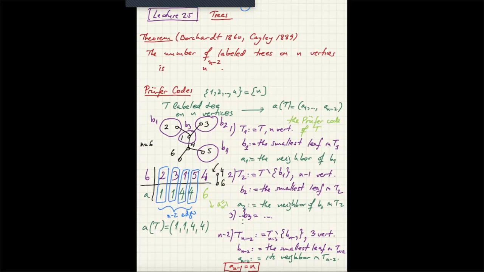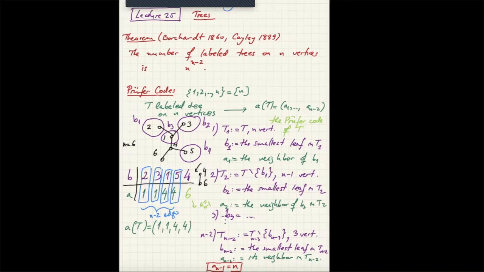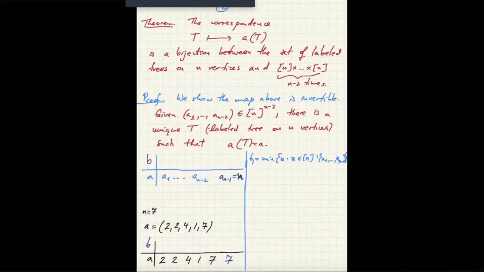Now, at the moment, what can we say about the procedure? If we were given some kind of sequence, like let's say n equals 7, and the code 2, 2, 4, 1, 7, and so on, that's our code, and we want to figure out a tree that corresponds to it.